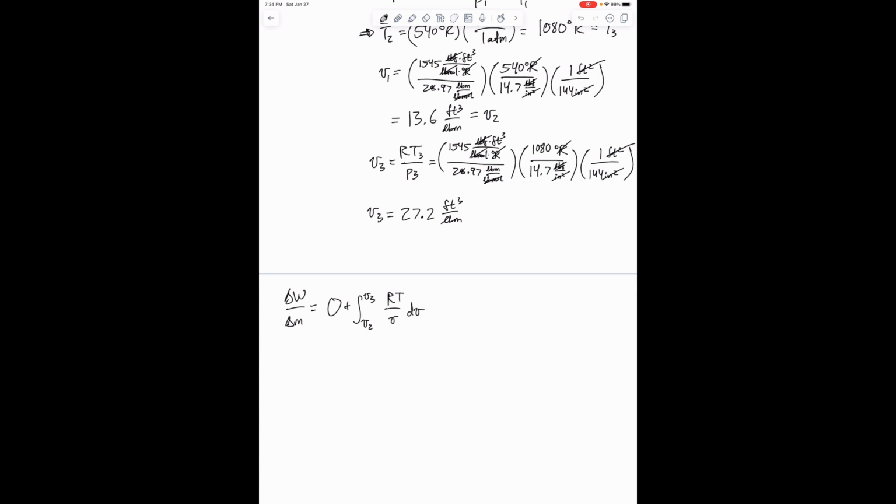Okay. And the last process is the isobaric. So therefore, it's a constant pressure, we pull it out of the integral. Okay, remember, for the other process, it's isothermal. Therefore, temperature is constant. And we know that the gas constant is a constant, so we'll pull that out as well.